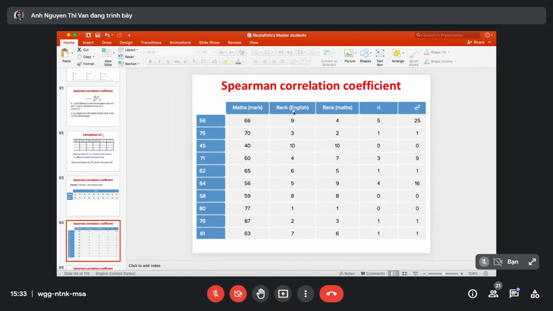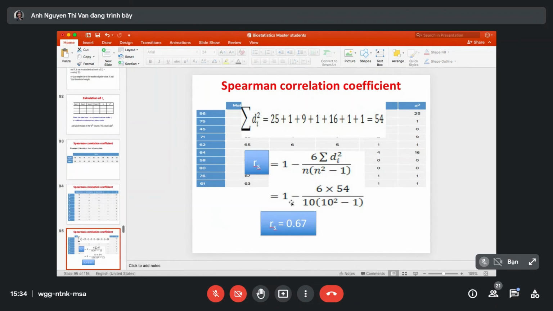So we'll have the rank of English score and the rank of math score. The next column is D, the difference between the ranks in each pair, so it's easy to calculate. The last column is D square, so you take the square of the D column, and then you sum up all the D squares, because the formula needs the sum of D square.